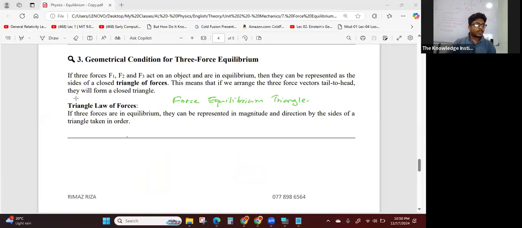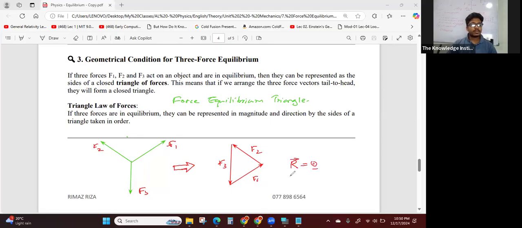By the way, after writing this, you can illustrate this. So one is this one, this is, so the resultant equals the null vector, because you can think of using the triangle of vector addition.